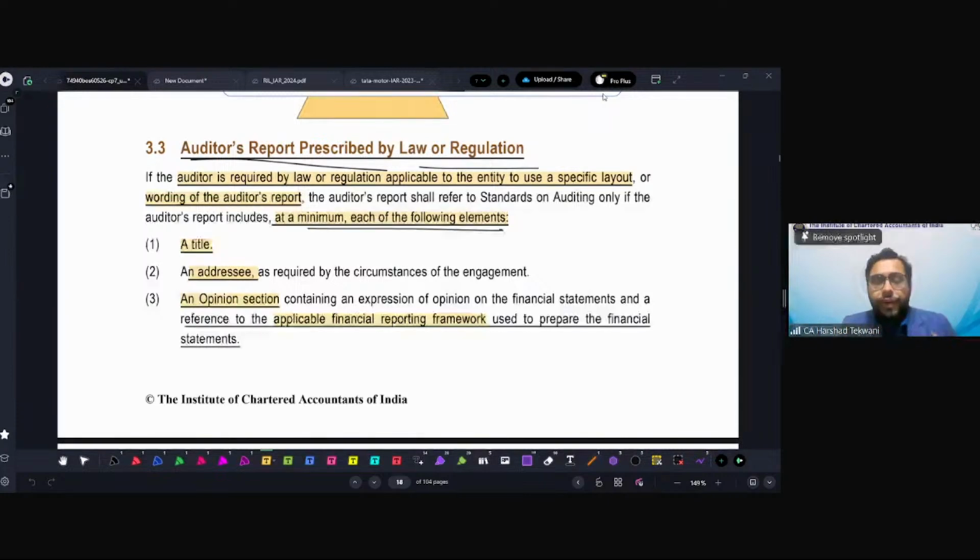You cannot have two different opinions on the same set of financial statements. We will see the same thing in SA 720. Can we have two different opinions on the same set of financial statements or figures? The answer is no, we cannot. Accordingly, we need to issue a report that complies with both.